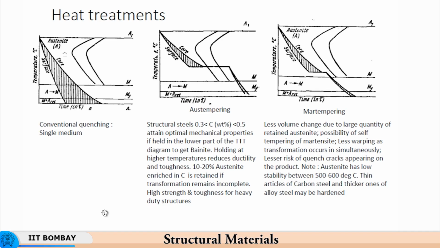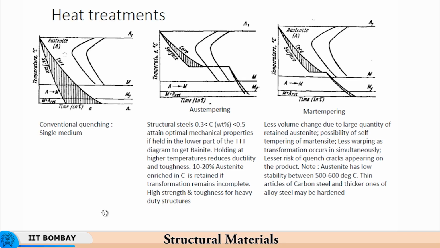That is less warping, as transformation occurs simultaneously. If the transformation occurs at different times, then due to volume changes, there is a possibility of warping or dimensional distortions, as it is called.